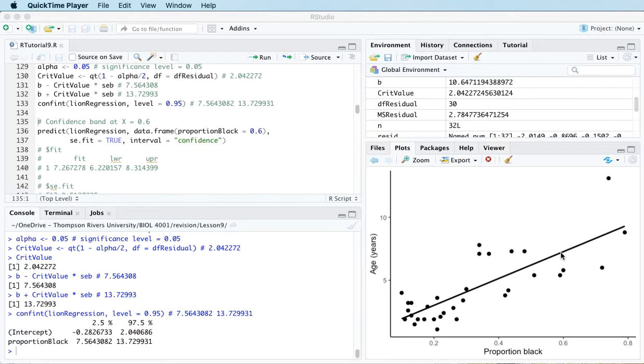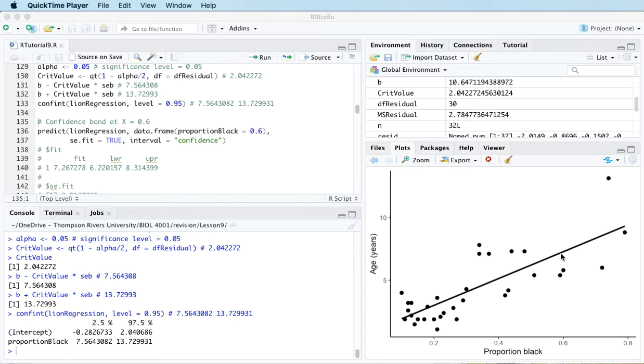But we know that we just have a sample of 32 lions from that population, and so there's going to be some sampling error, some sampling variation, and so we need to express the uncertainty that we have in our estimate, and we do that using a confidence interval.